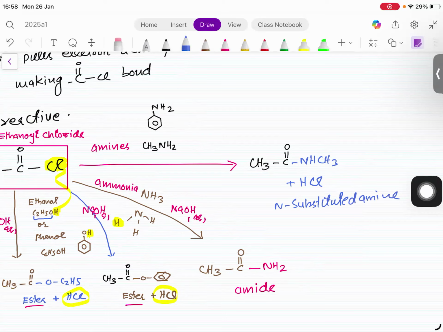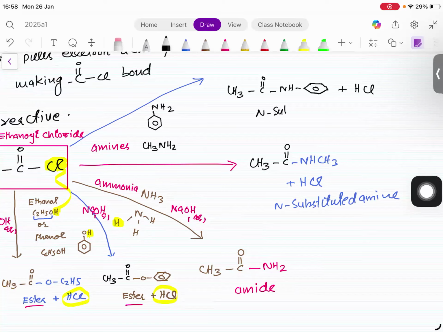And again, if we react it with phenylamine, what will be the product? Yes, the benzene ring. This is again N-substituted amide plus HCl. Yes, because they can also undergo hydrolysis.